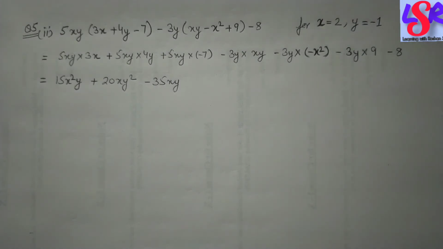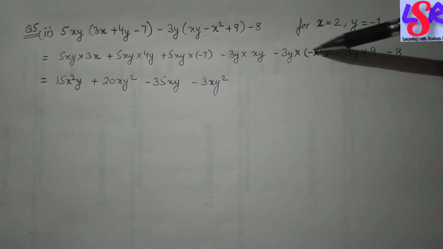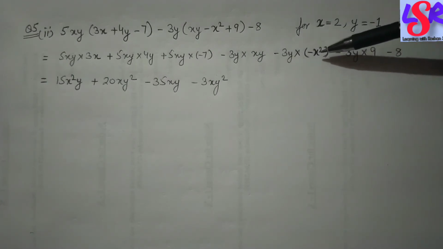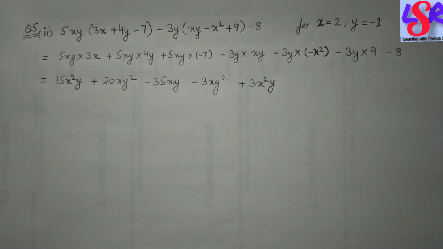And on multiplying these two, we will be getting minus 3xy square. Then on multiplying these two, minus 3y into minus x square, we get minus and minus plus 3x square y. Then minus 3y into 9, we get minus 27y. Then minus 8 will be just copied.